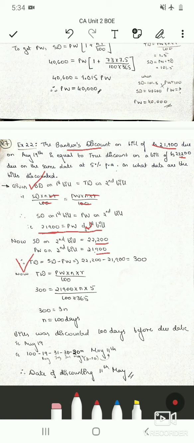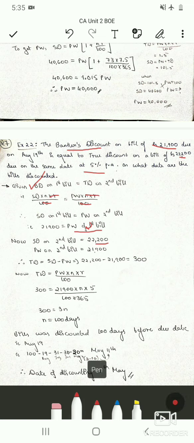Once you get true discount, then we can find out the value of n, which is unknown over here. Rate is given 5%. There is no rule that you have to use the formula of true discount. You can use the formula of sum due also. So sum due equal to present worth into 1 plus NR by 100. So all the quantities are known except n, but we are not using that formula because it is a bit lengthy, but you will get the same answer.